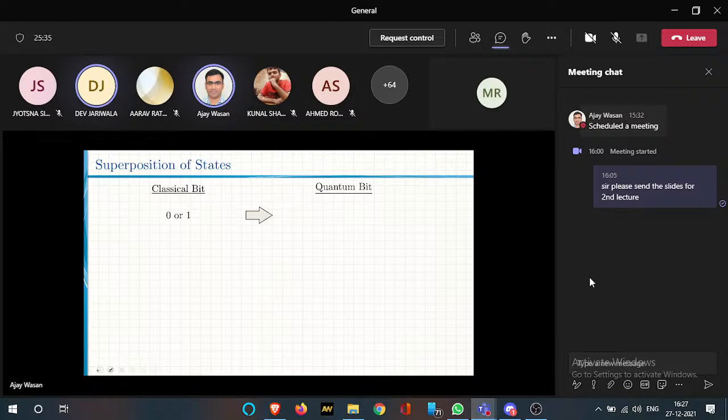Sir, why complex numbers? What is the significance of complex numbers, which are not real? When you study quantum mechanics, you will learn all these things. So aren't alpha and beta probabilities?